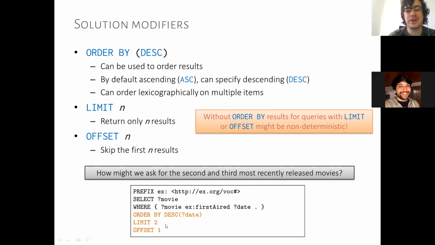Any solution with two movies is valid, because we never specified the order. We can select any two movies and that would be valid. There's no default ordering or anything like that, so the solutions under any ordering would be valid. This creates some non-determinism, because we have all the different orderings if we don't explicitly state the order that we wish to use.